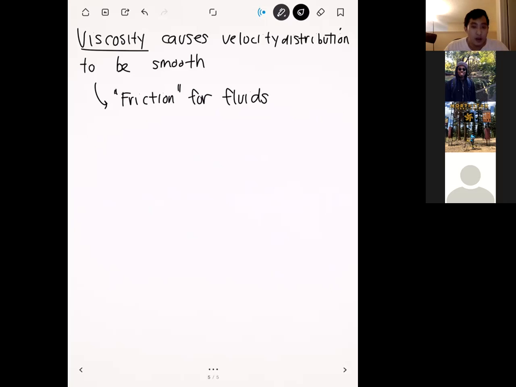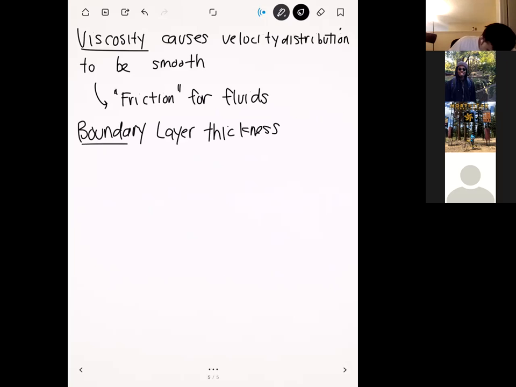Okay, and so let's talk about delta a little bit, because that's usually one of the primary variables of interest in a boundary layer. We usually give this symbol delta.